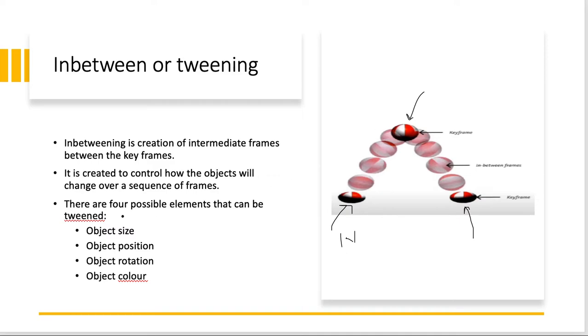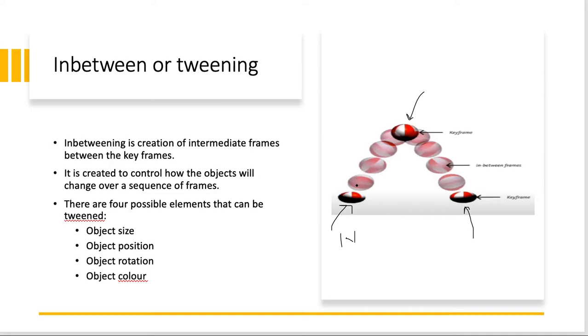There are 4 possible elements that can be tweened. We can do the tweening in terms of size, position, obviously, the rotation, how it rotates, this is a good example here, and also object color.